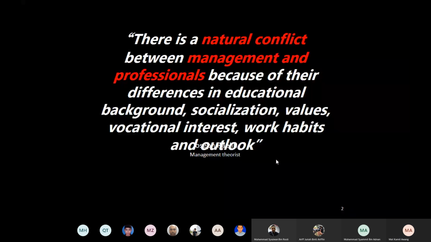For example, if you walk around on campus, you as an engineering student compare yourself with somebody in the management faculty, faculty pengurusan.